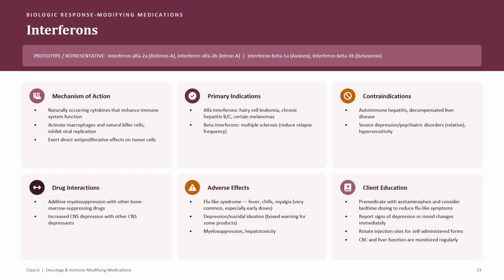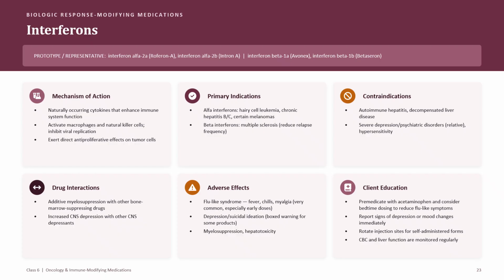So here's the adverse effect I want you to really anticipate because it's almost universal. And it's a flu-like syndrome. So fever, chills, muscle aches, especially with the first few doses. So if a patient doesn't know that this is coming, then they're going to think something has gone extremely wrong.